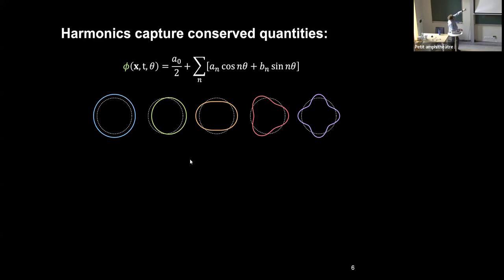So for example, the monopole in blue is related to the non-equilibrium charge density, and the dipole, so the A1 or B1 coefficients of this Fourier series, are related to the momentum density as well. So the conserved quantities are well encoded at the very low part of this Fourier expansion.